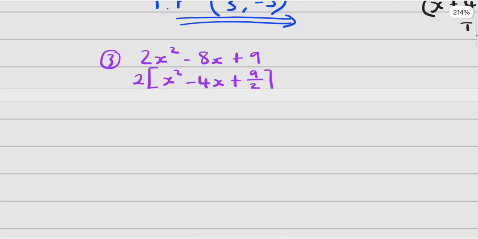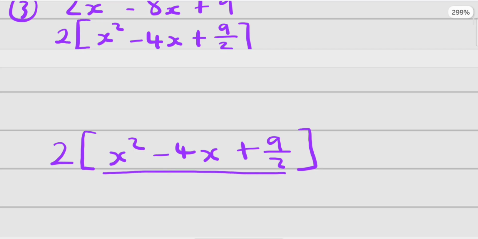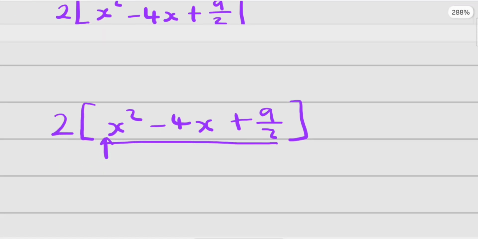And this will come down as 2, let me just rewrite this, x squared minus 4x plus 9 over 2. I said that we have the coefficient of x squared as 1, so we can complete the square for this expression first, then we multiply everything by these 2.